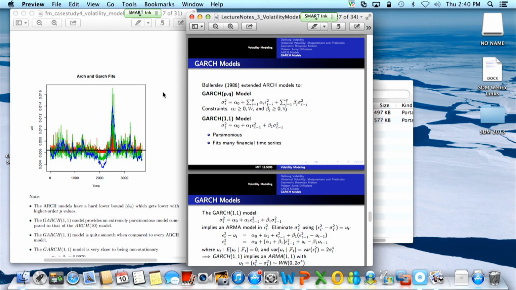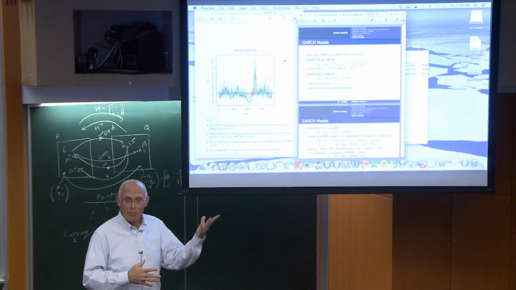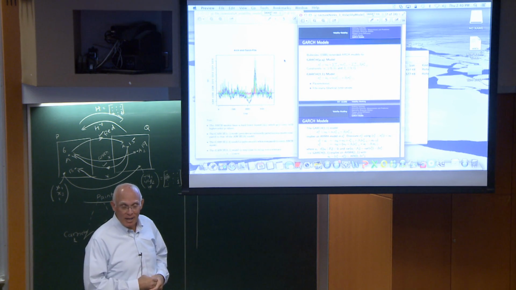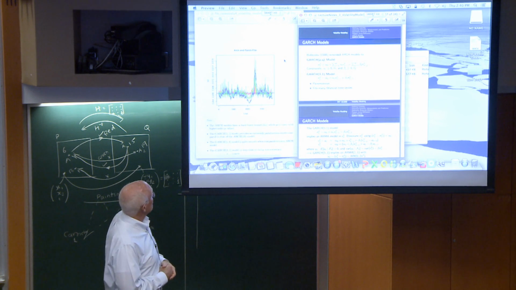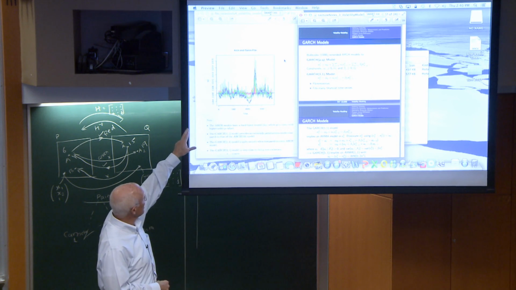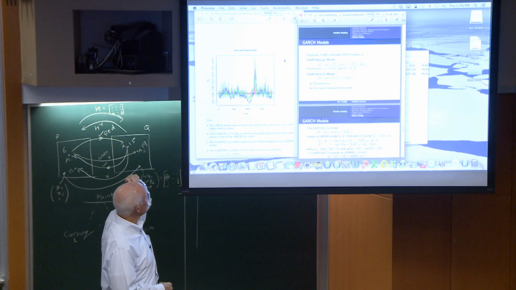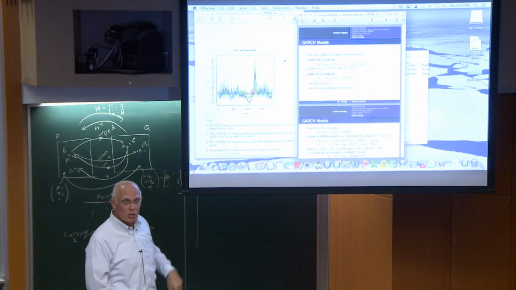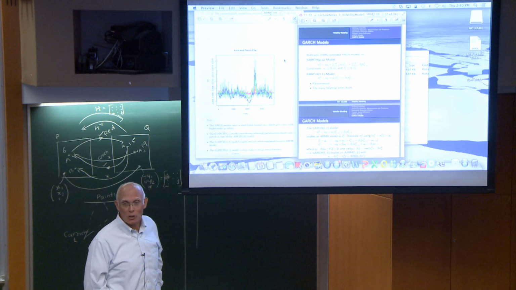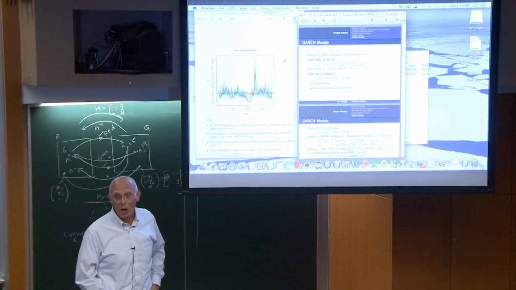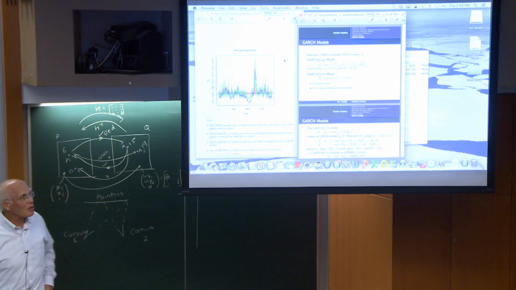And then the GARCH model 1, 1, where we only have one ARCH term and one GARCH term. And so basically the blue line in this graph shows the plot of the fitted GARCH 1,1 model as compared with the ARCH models.